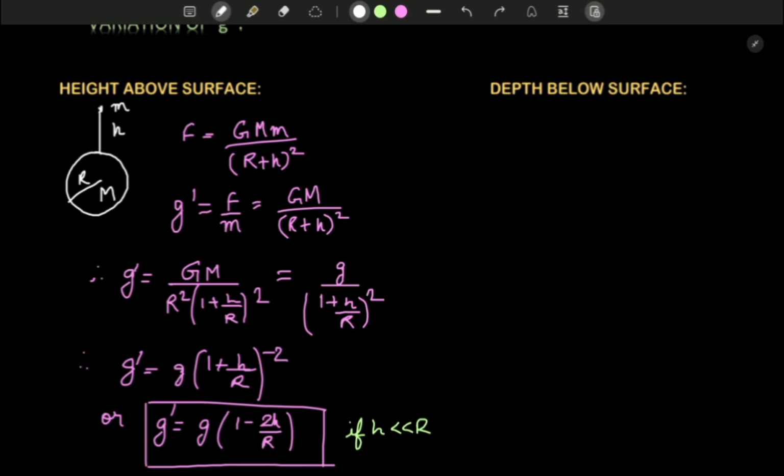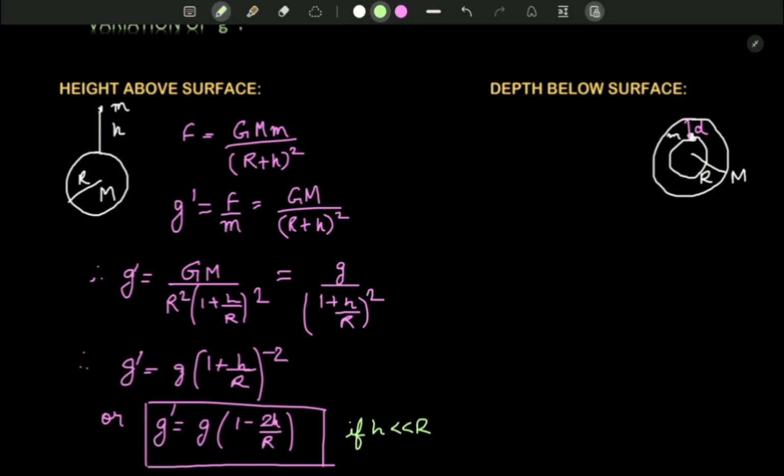So let this be our earth. We have gone to this position, mass of this object is m, and it has gone to a depth equal to d, and the radius of the earth is capital R, mass of earth is M. So now we need to calculate the mass of the inside sphere to which the object has gone.